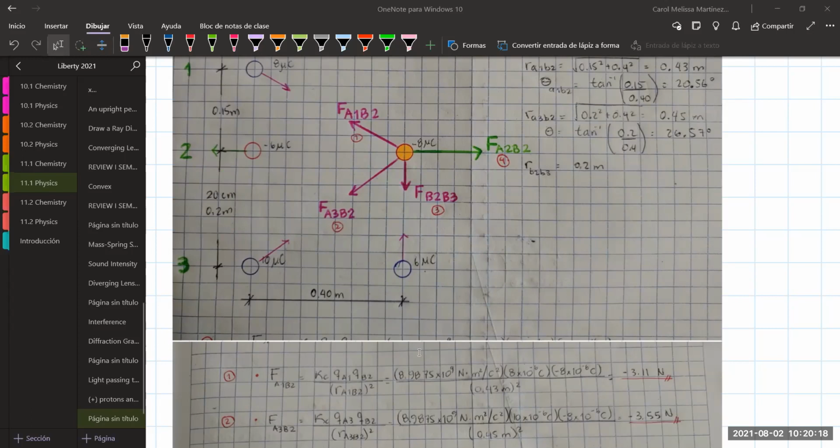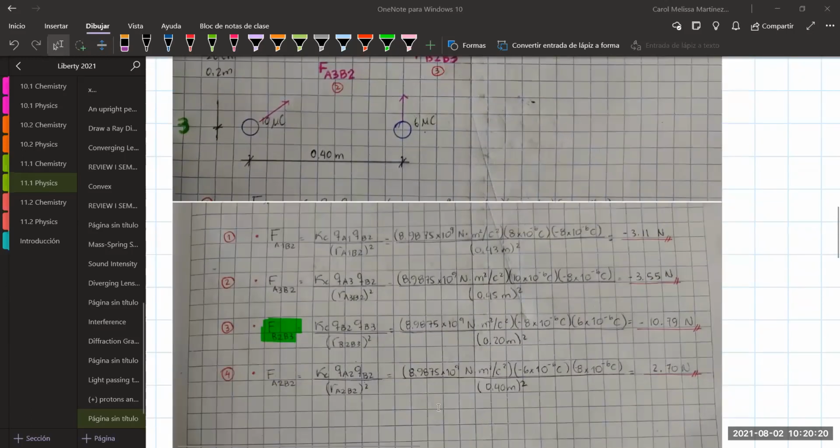So you will use all this information in the formula. The charge of -8, the charge of +6, the distance of 0.20, and of course Kc. You get this answer. I hope you are getting it in your calculator just to check if what you get is right.